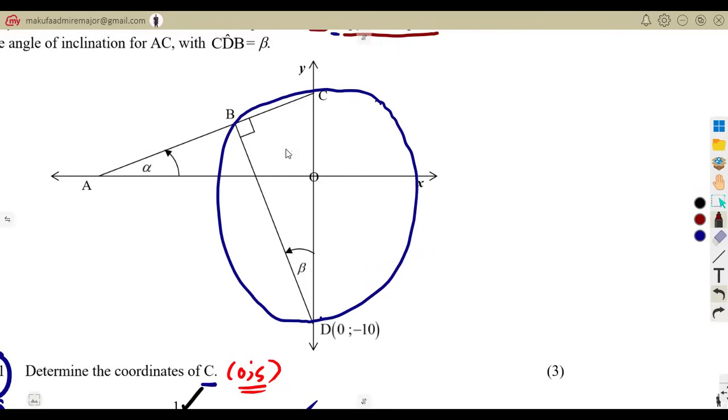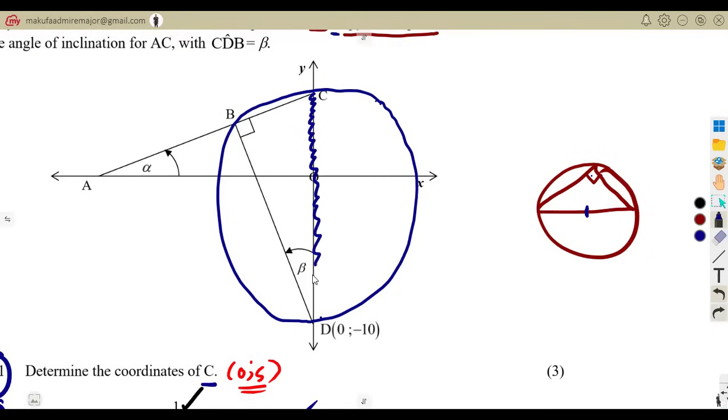Remember, in a circle, to have a 90 degrees like this from our Euclidean geometry, guys, this can only happen because it's a diameter which is subtending that. A diameter only subtends an angle of 90 degrees at the circumference. So by seeing this 90 degrees, by default, it tells us that CD is our diameter.